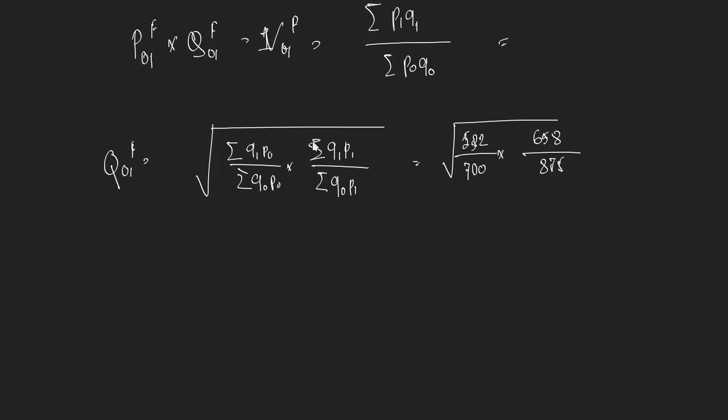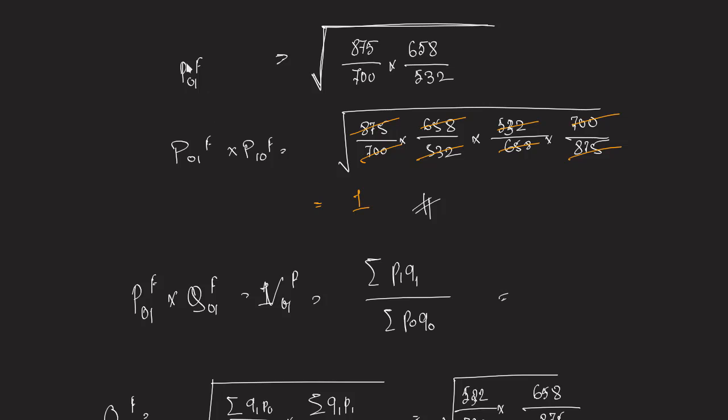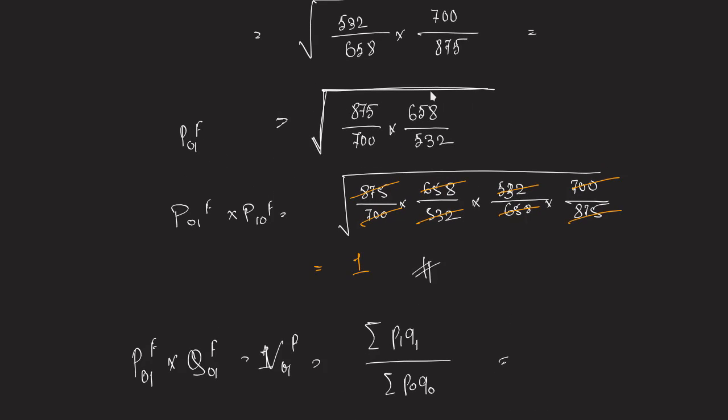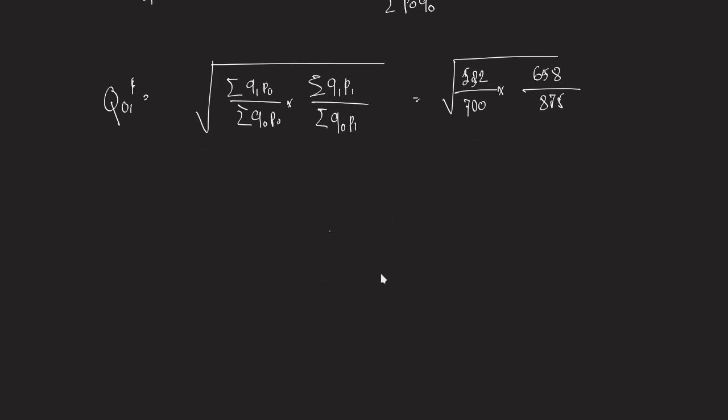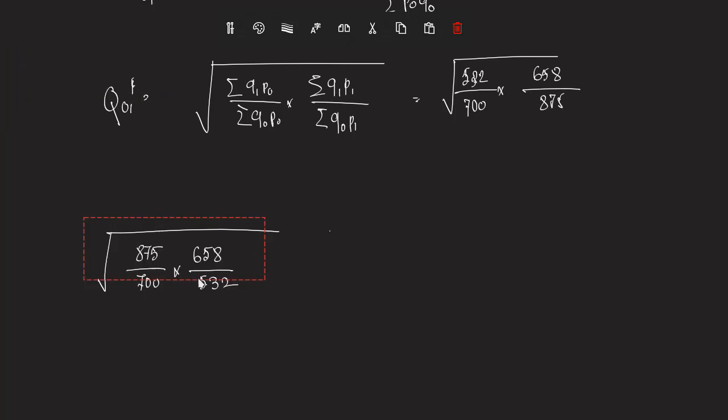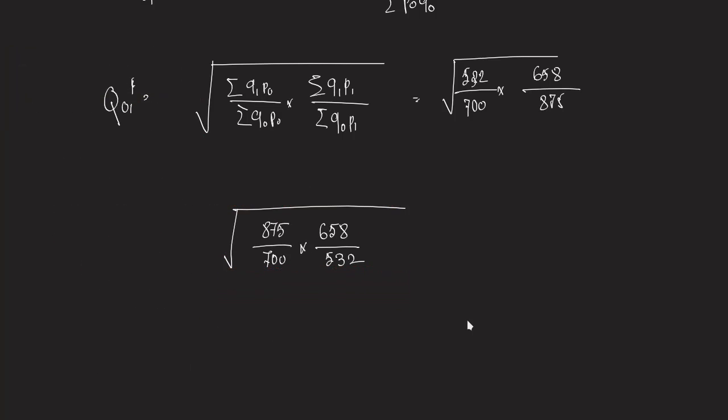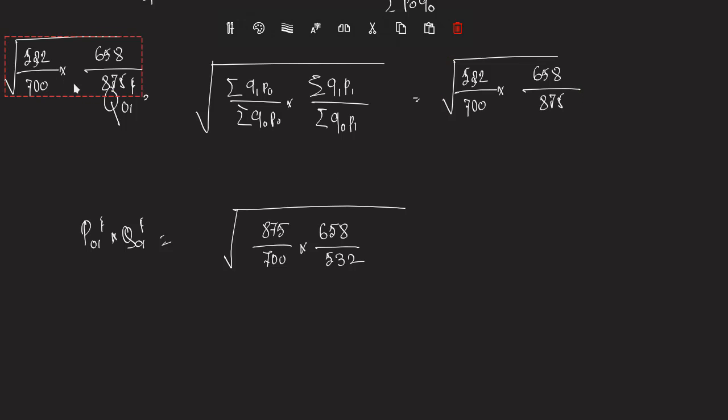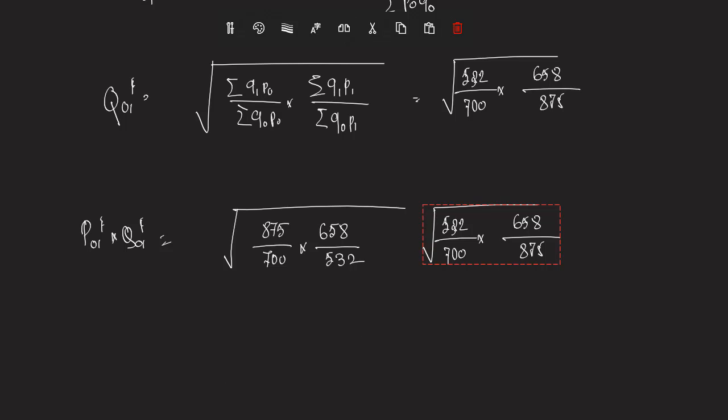Now P01, ignoring 100, what was it? This 875 by 700, 658 by 532. So this was P01. So P01F into Q01F is equal to this into this, right?